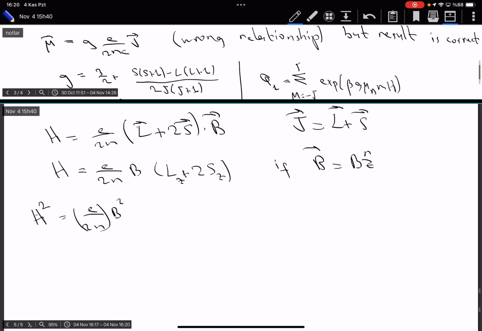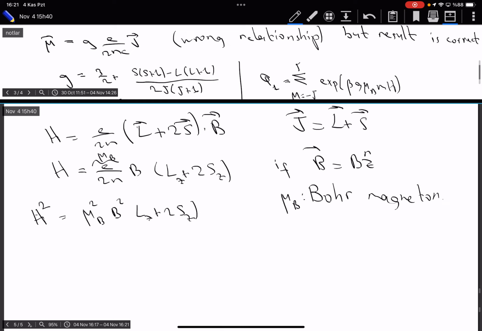This is μ_B, called the Bohr magneton, times (L_z + 2s_z). Now, what is the direction of z? Well, I don't know the direction of z. It's an arbitrary direction. So let me choose the direction of J as my z direction.